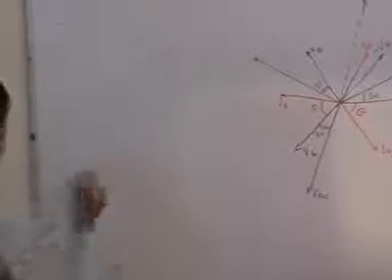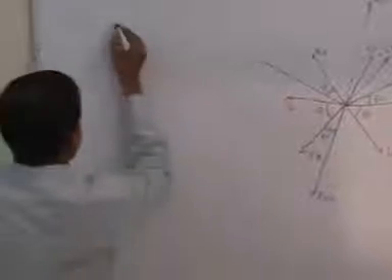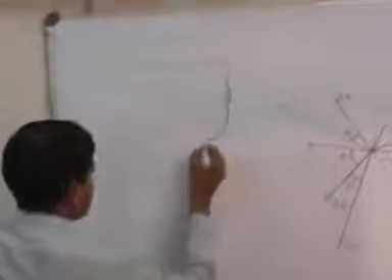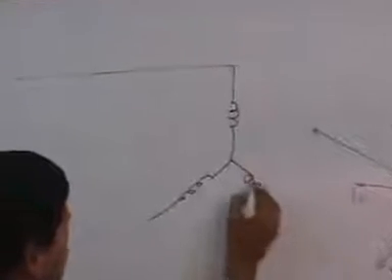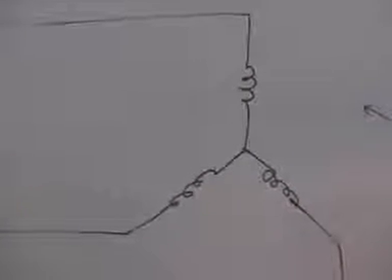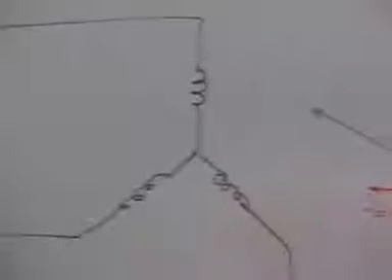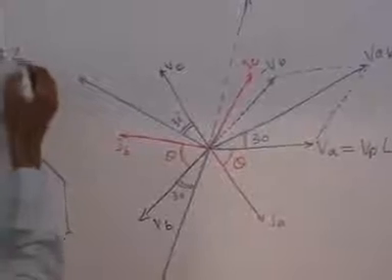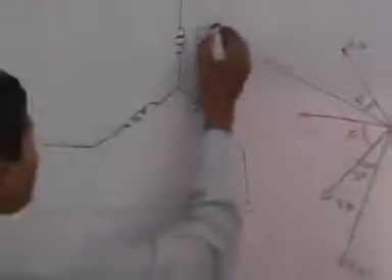Now we have a three-phase load here. I'll just draw a three-phase load, which is, let's say, a star-connected load. This is A phase, this is B phase, and this is C phase. It is a three-phase load supplied by a three-phase source such as this, which is a balanced source, and the load is also balanced. Suppose the load value is Z angle theta.